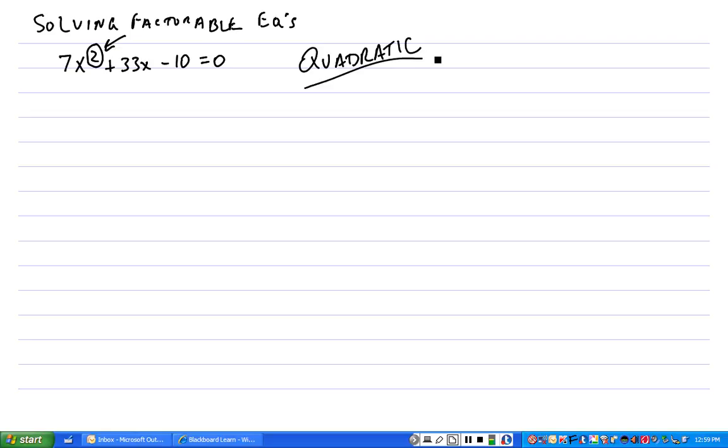Now, because this is an equation, because we have an equal sign, we have to go through the process of factoring if possible, but at the end of the day we have to make sure that we've solved for the unknowns in the problem. In this case, the unknown is x, so we need to find out what x is. Well, when we have a quadratic, it's typically best to get all of the terms on one side.